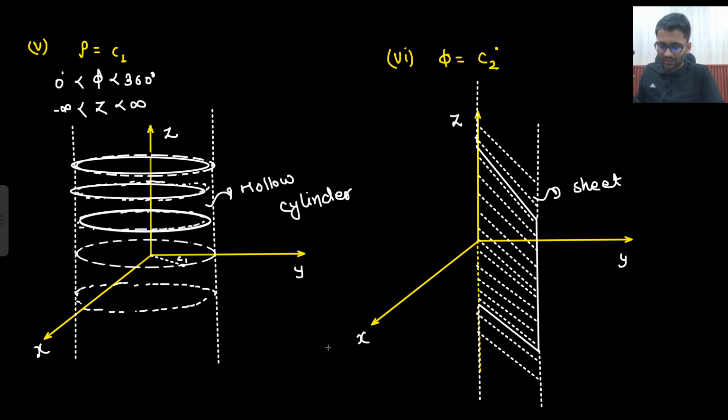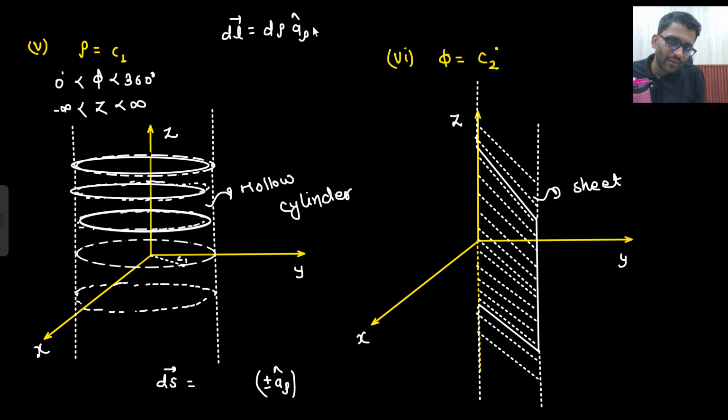What will be the surface area? Rho equals constant. First I am telling you how to write down the surface area by a trick. Rho equals constant. So what will be the direction? Plus minus a rho cap. If the arrow is coming, I can write down my dL: d rho a rho cap plus rho d phi a phi cap plus dz a z cap.